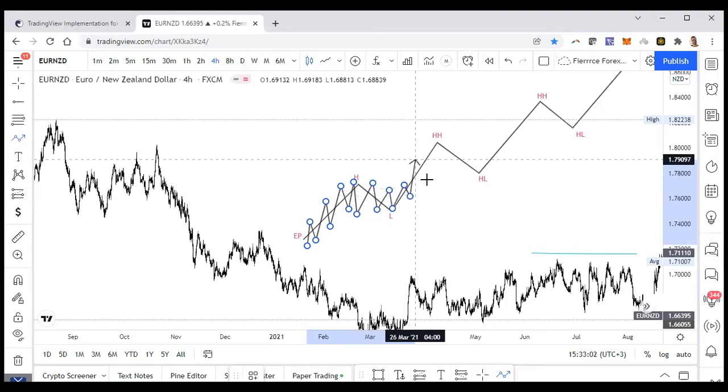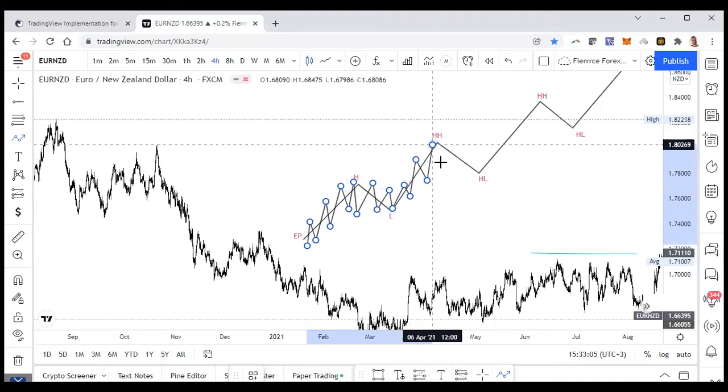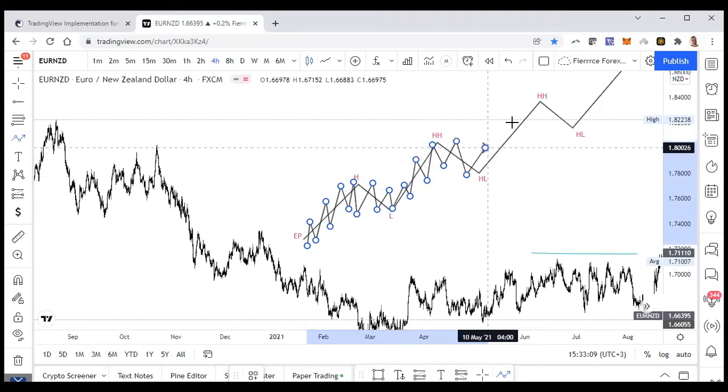This is, we still see mini structure happening on the way up on a lower time frame.